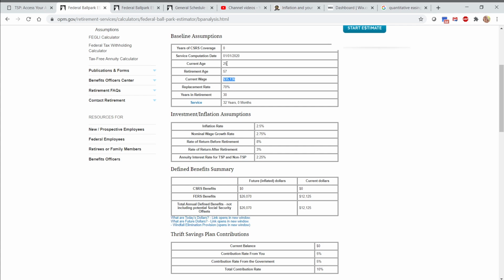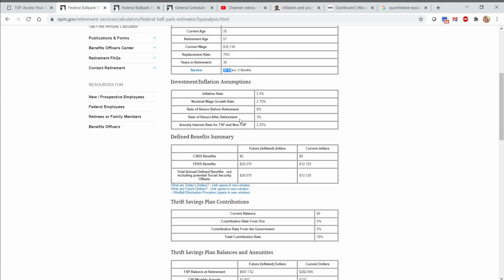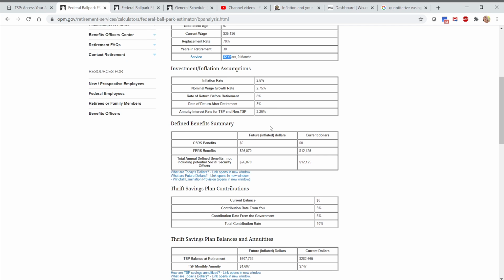The minimum retirement age is 57. That's why they put 32 here automatically for you. With an inflation rate of 2.5%, a wage growth of 2.75, a rate of return of 8, a rate of return after retirement of 3, and an annuity interest rate of 2.25.